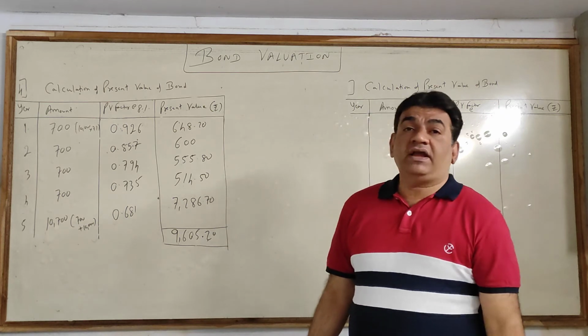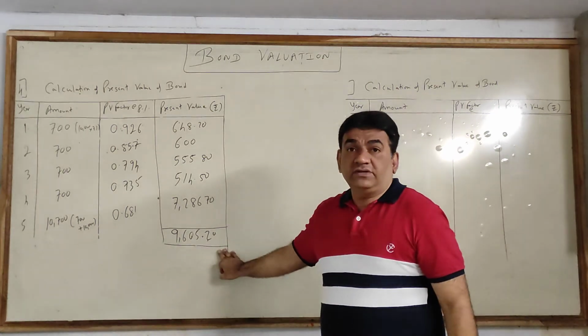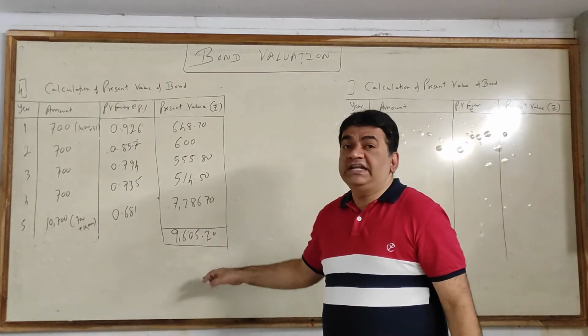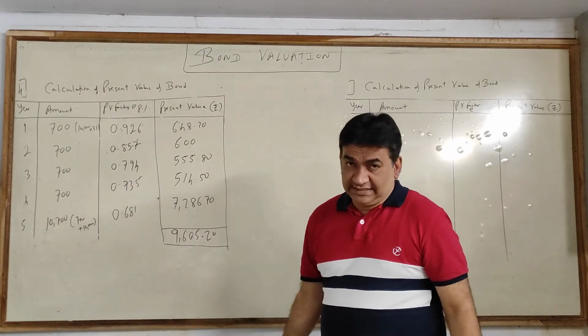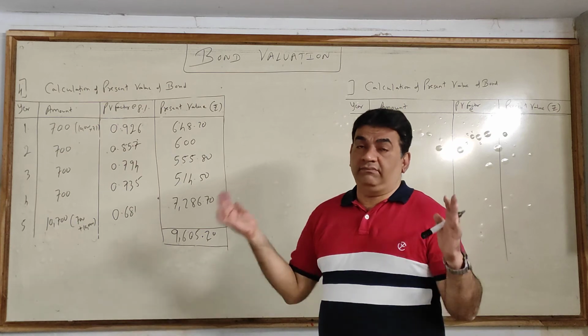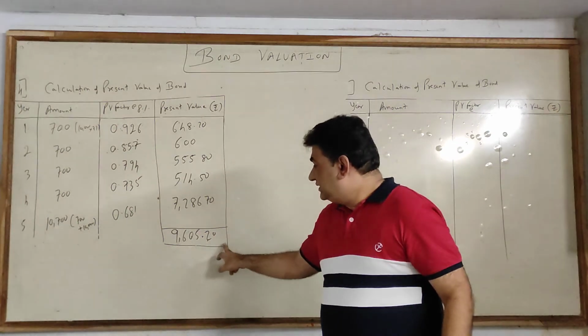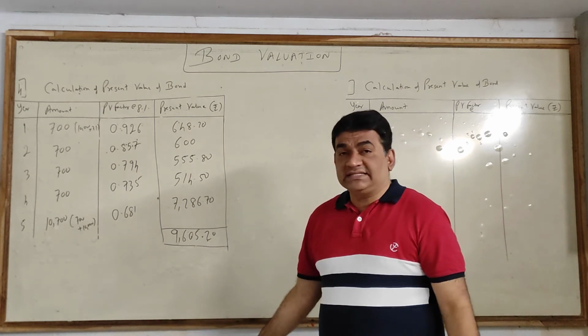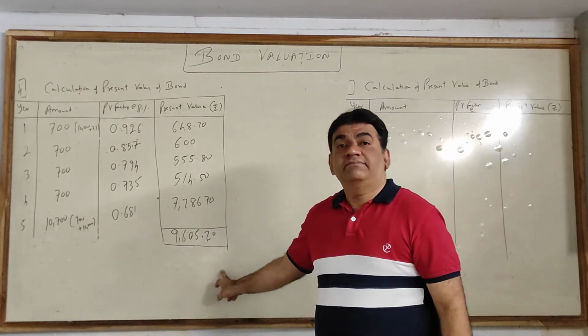Now see what the market price is. 9,600. This is the present value, the fair value. It is available at 5 rupees less. So take the advantage, buy it. In this case, it is worth buying because the market price is less than the present value.